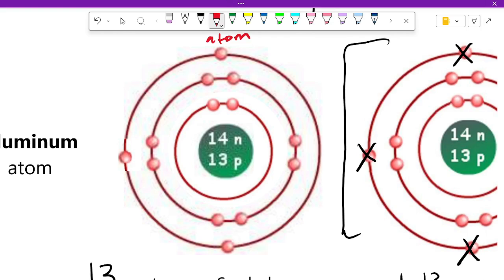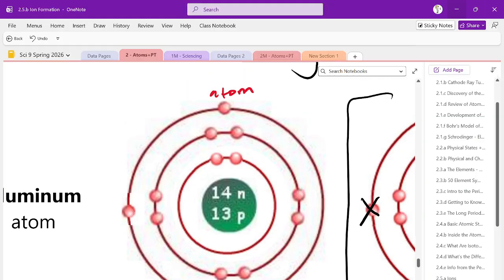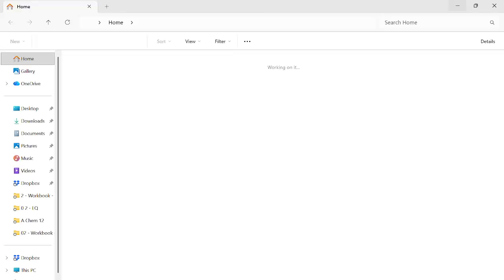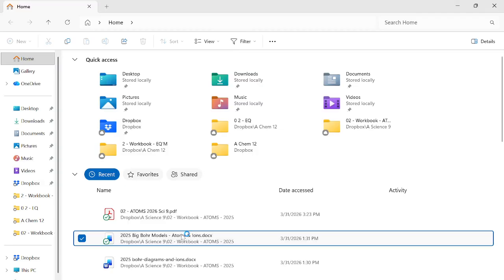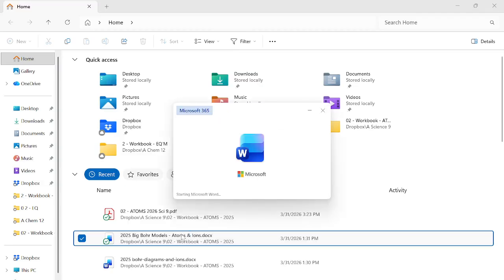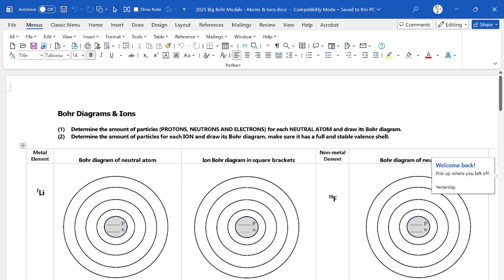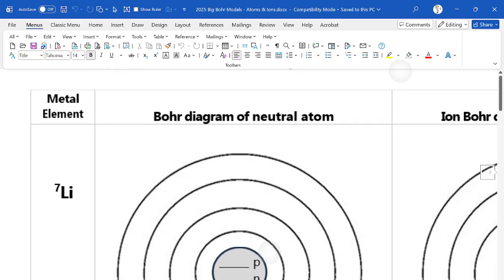On the sheet, you first draw the Bohr model of the neutral atom.